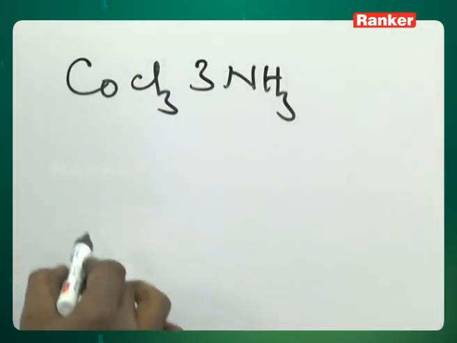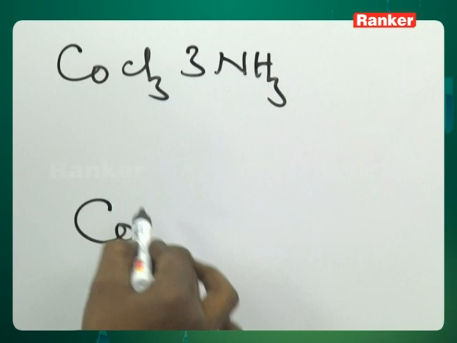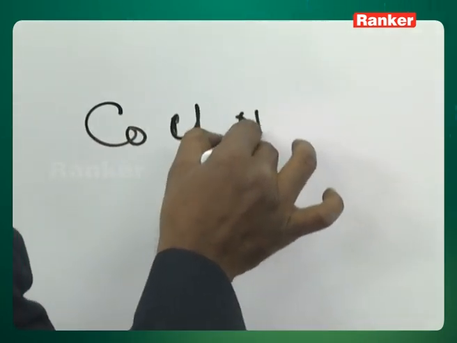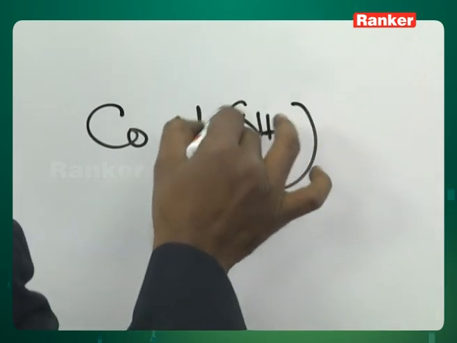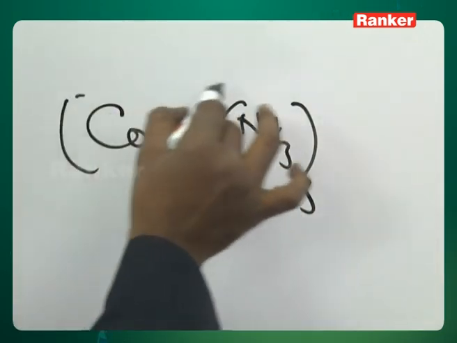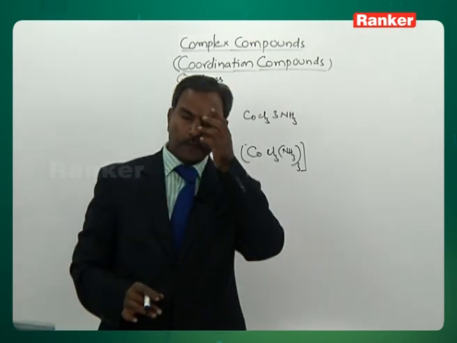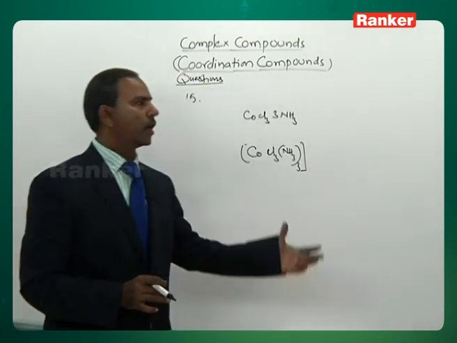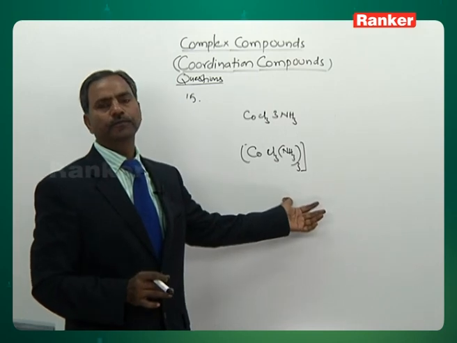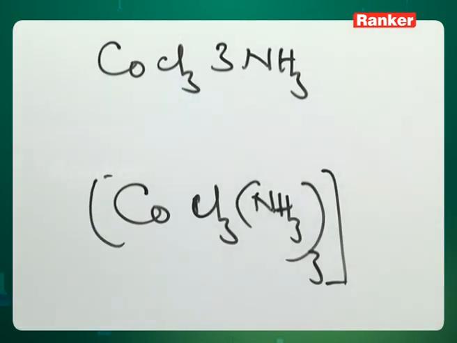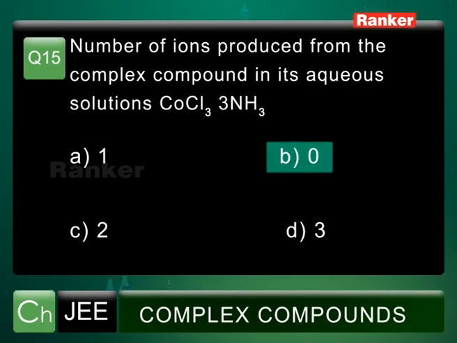Now, if you write the chemical formula of the complex, Co Cl3 NH3 taken thrice, this is the complex. What is the question actually? How many ions? There is no ion. It is actually a neutral complex. So 0 ions. Answer is what? 0. Therefore answer is B.